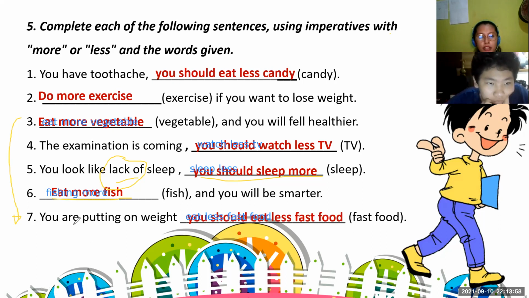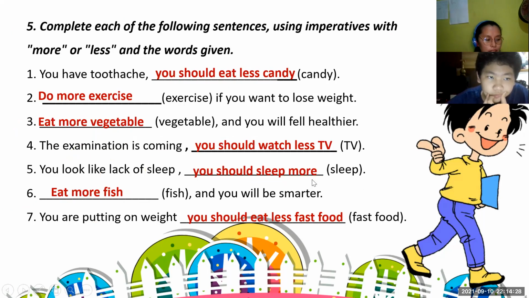So check for 7, check for 4, check for 3. You got 3 points over 5. That's very good. You just have 2 mistakes. Do you have any question about your mistakes there?